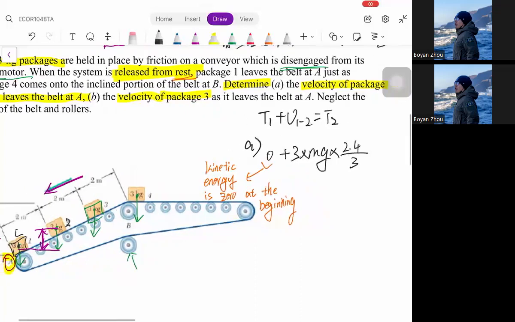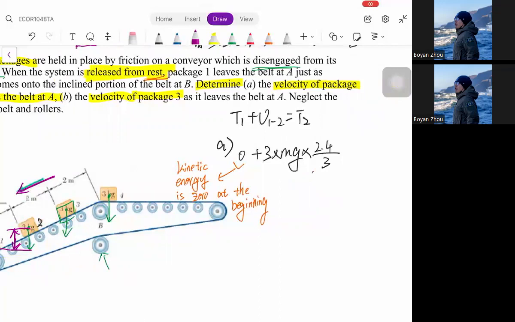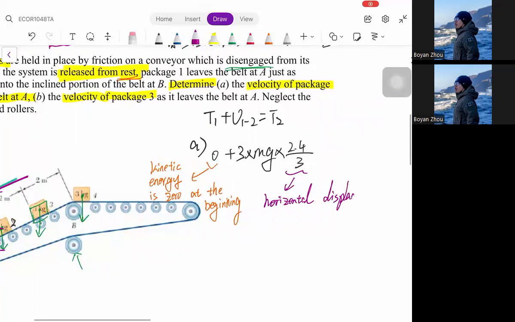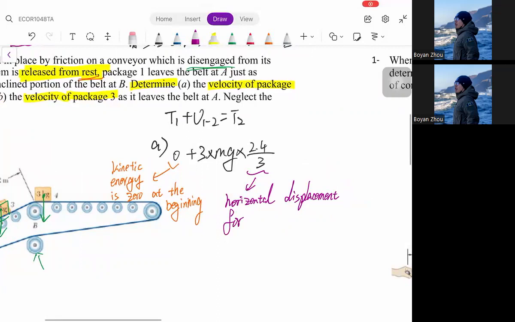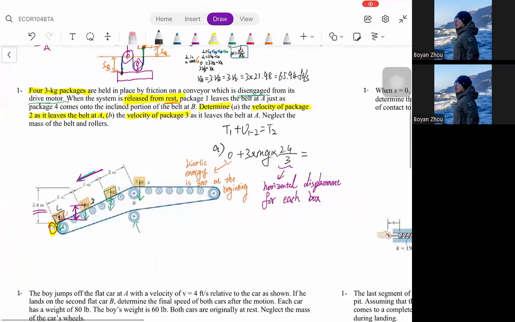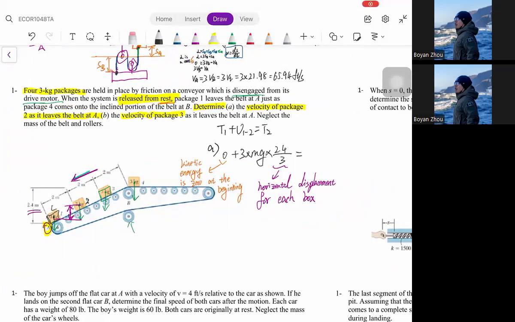This is the horizontal displacement for each box, and it is equal to the kinetic energy when box 2 arrives at the location of box 1.